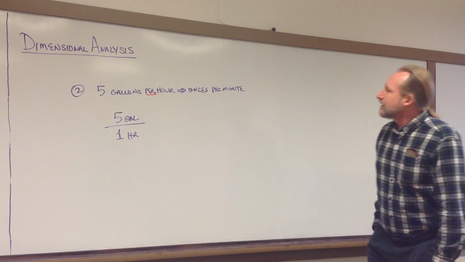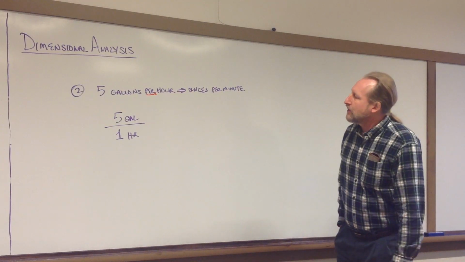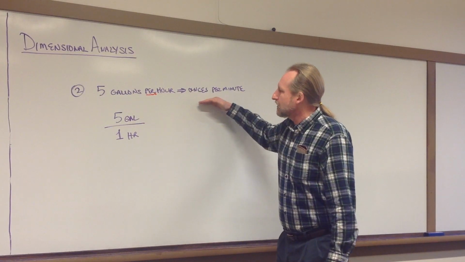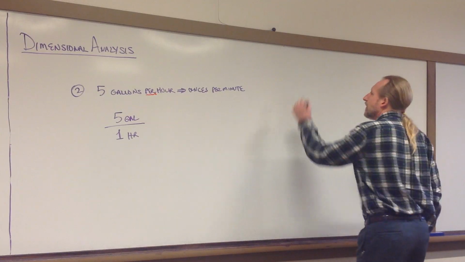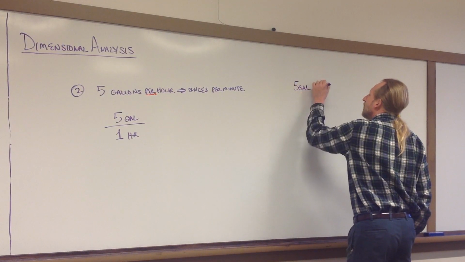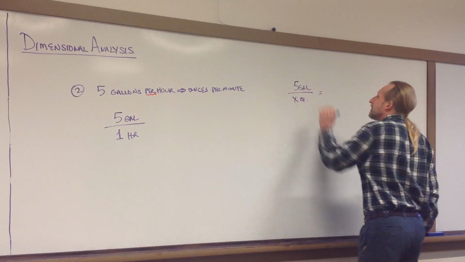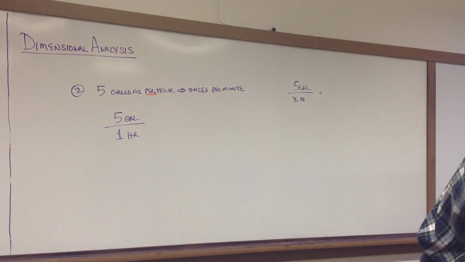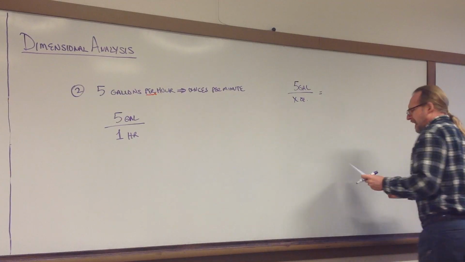Okay, so if we want to convert this into ounces per minute, one thing that we can do is just convert the gallons into ounces and then convert the hours into minutes, and I'll do those over here on the side. So 5 gallons, and we're going to have X ounces here. Now here's the thing, we have to kind of build a conversion for ourselves out of the information.